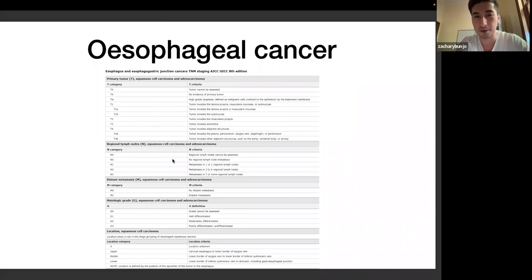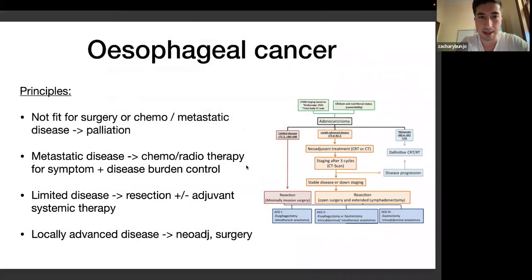Appreciate that overall staging takes into account lymph node metastases, and similarly, the greater the number of lymph nodes involved, the higher the N stage. And obviously, as with any cancer, TNM accounts for distant metastases. So from this, you derive the patient's stage, and that then lends to management.